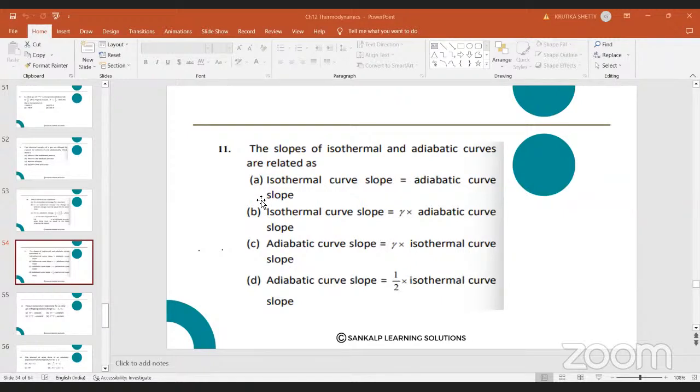Adiabatic curve slope is equal to gamma into isothermal curve slope.